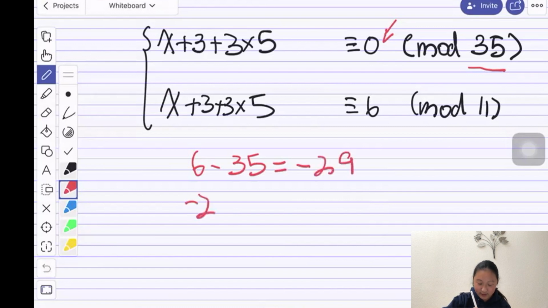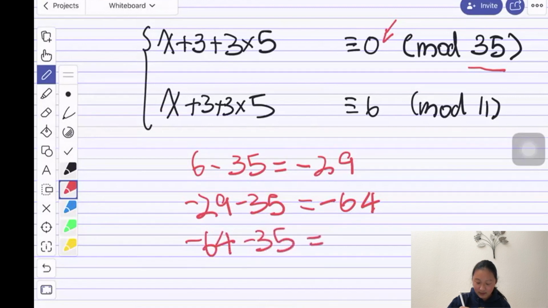Now we're going to subtract another 35, and we get negative 64. And then we're going to subtract another 35 because negative 64 is still not a multiple of 11. And we get negative 99. And negative 99 is a multiple of 11.